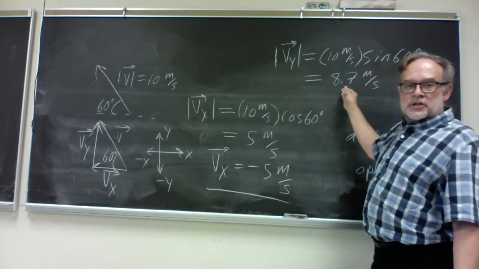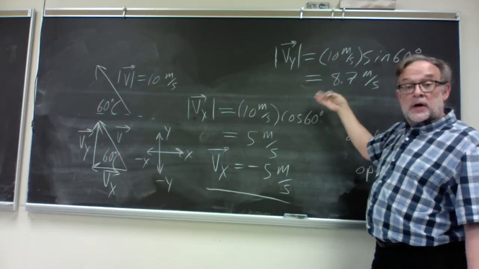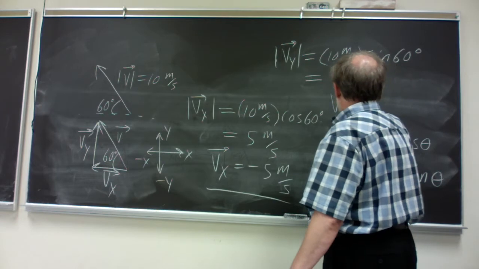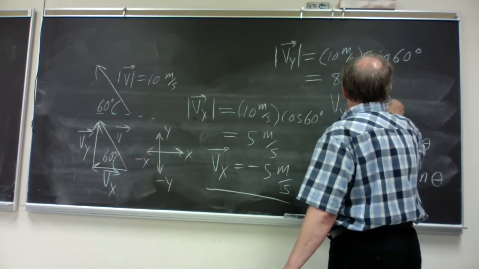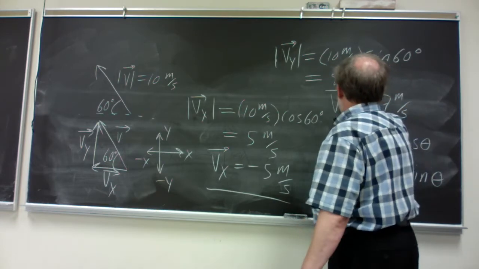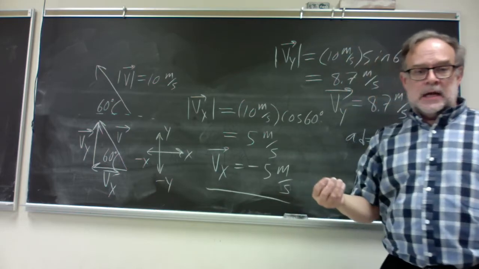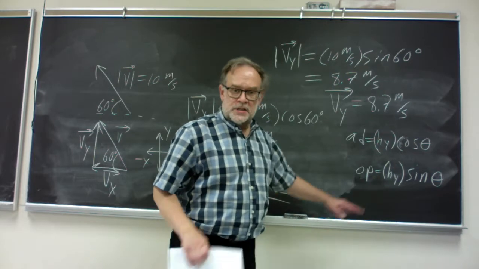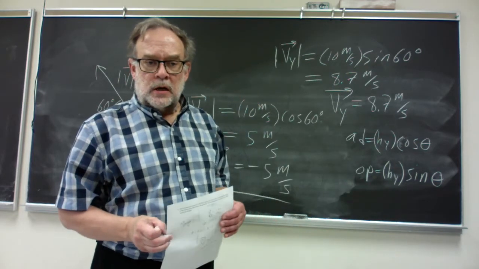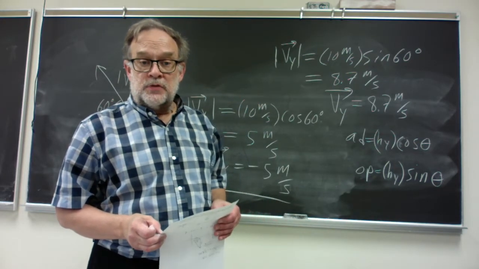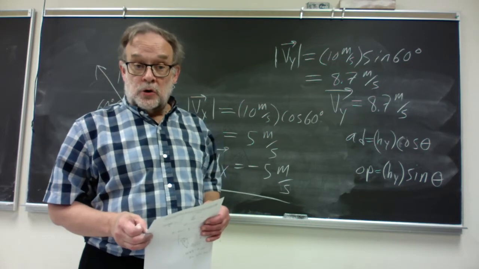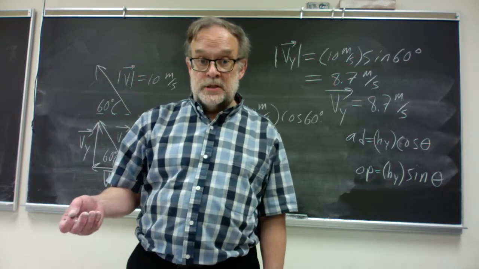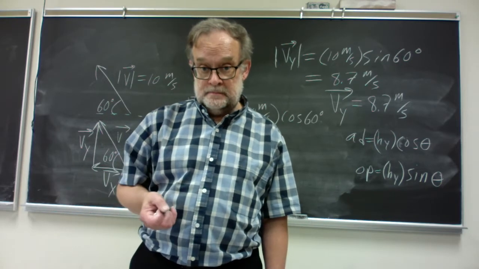This is not just the magnitude of Vy, this is Vy itself. So that's an example. We use cosines and sines to figure out the sizes of the components if we know the size of the vector itself and the angle that tells us its direction.